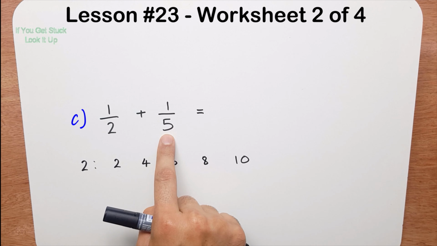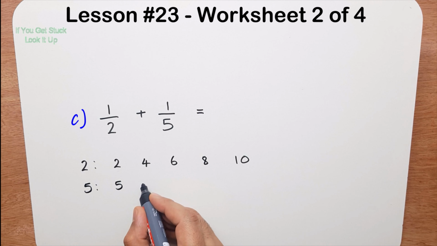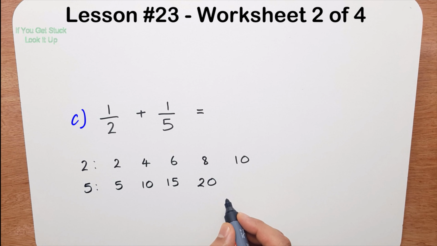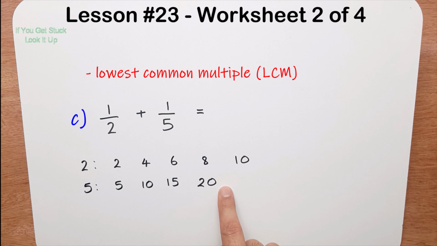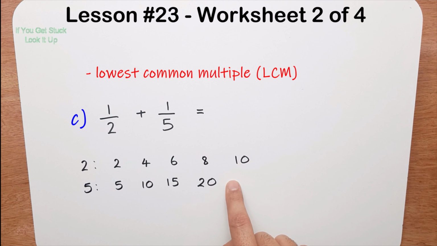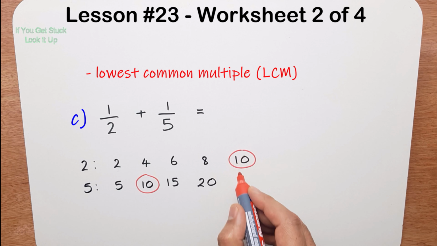Now I'm going to do the 5 times table: 5, 10, 15, 20, and so on. Now I need to look for the lowest common multiple. So the smallest number in this list and this list, I can see it's 10 and 10.